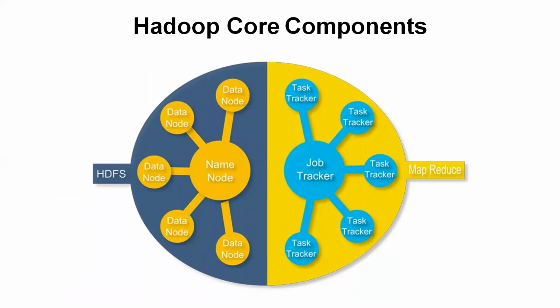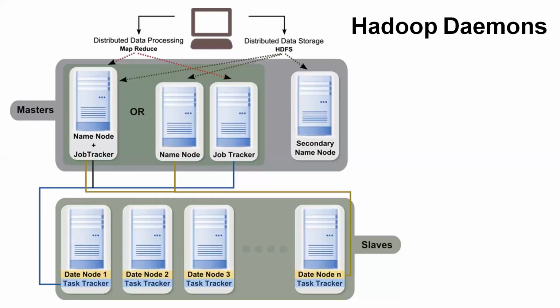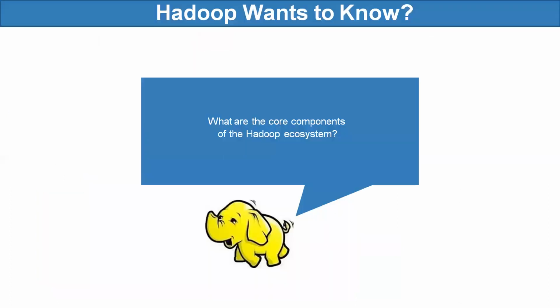HDFS covers the storage relevant aspects, and MapReduce covers the processing relevant aspects. And in the arrangement of this master slave architecture in Hadoop, the master is a combination of the name node and the job tracker along with the secondary name node, whereas the slave has a data node as well as the task tracker.